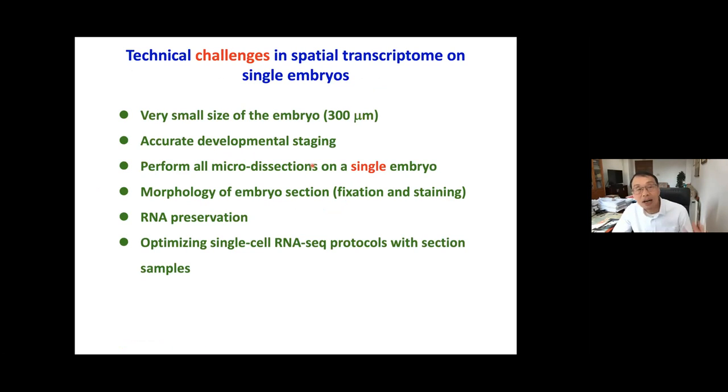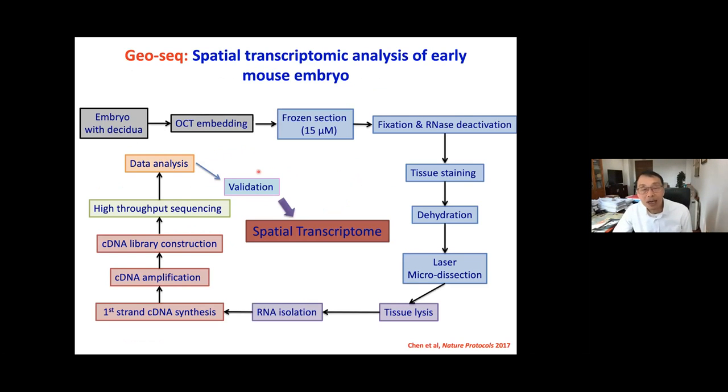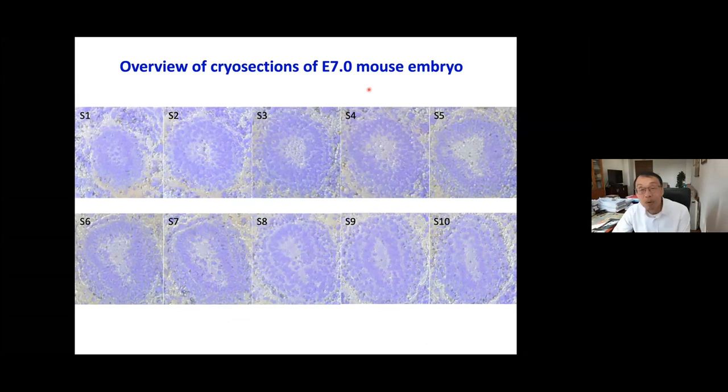At that time we had quite some technical challenges with this method. After about 2.5 years of struggle, we established GeoSeq. Now you can see this is an example of cutting from the distal region to the proximal region.